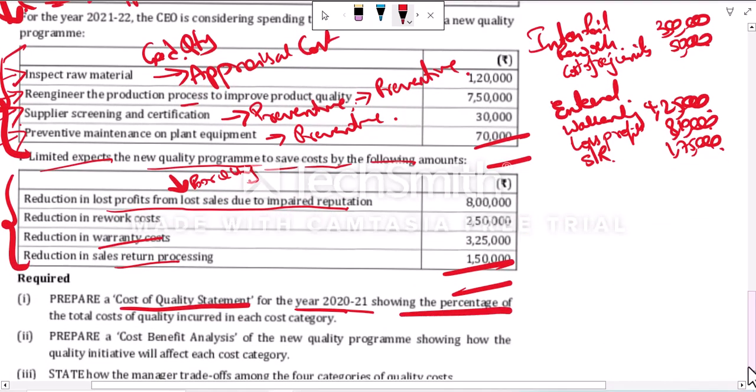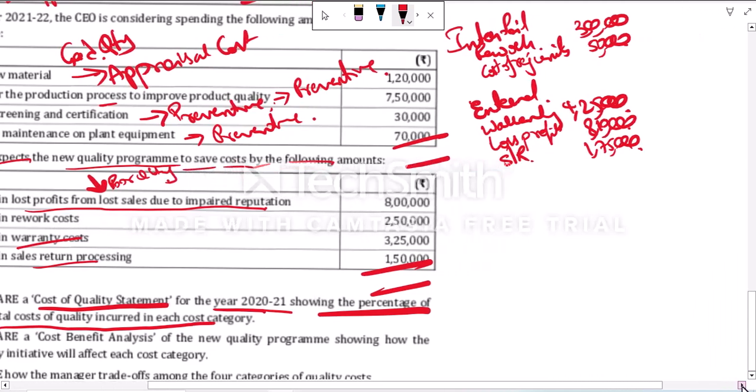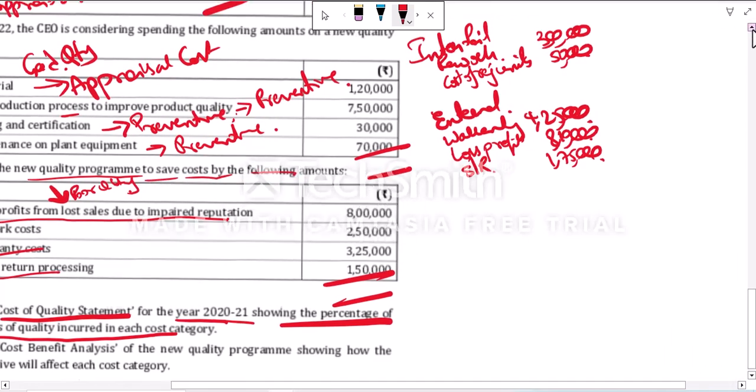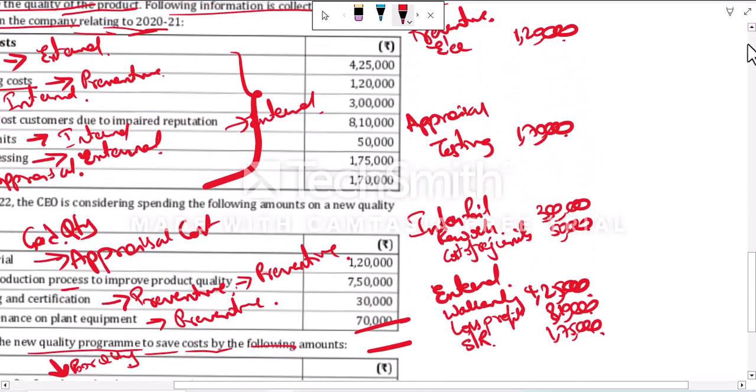Apart from this, what they have asked, showing the percentage of total cost of quality incurred in each category, means what is the total cost?